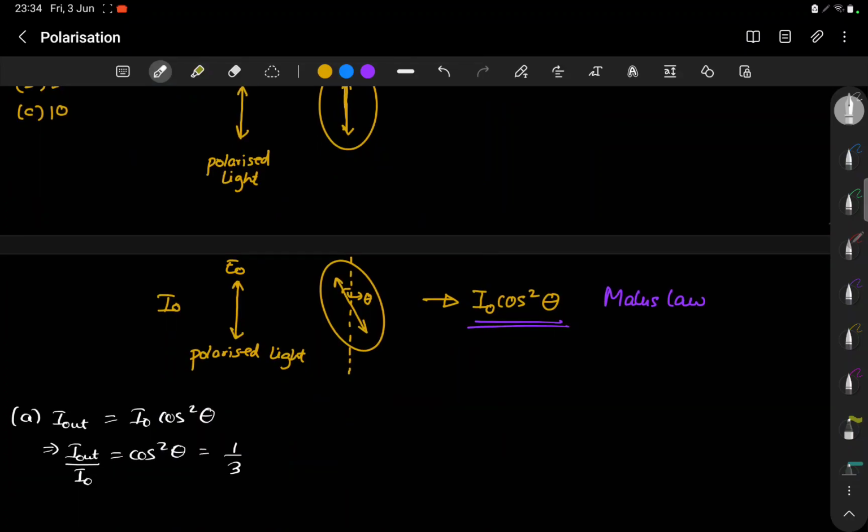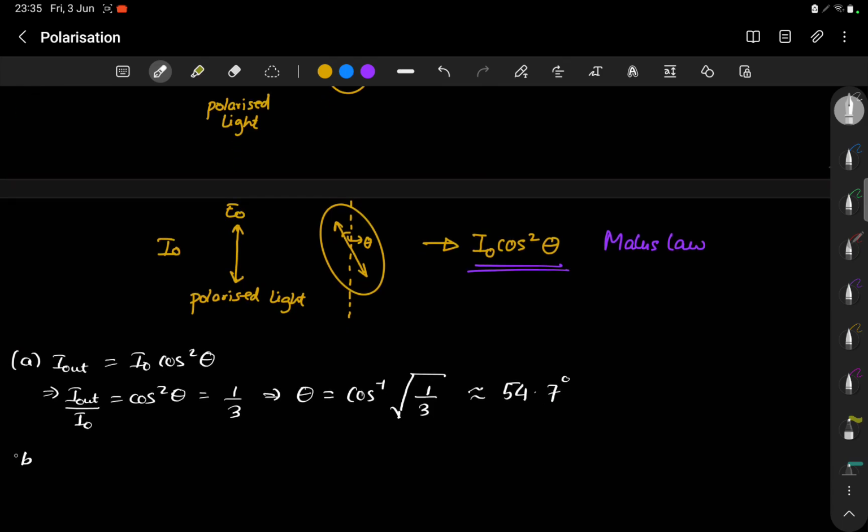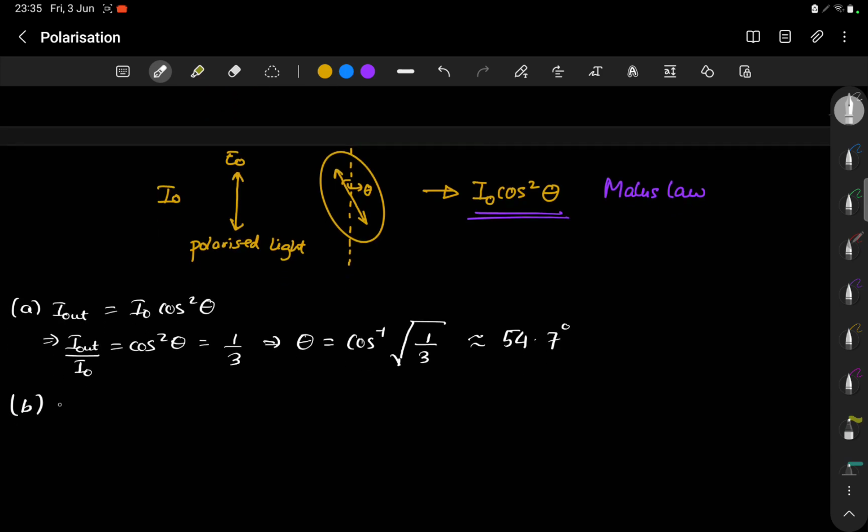So from this we find out theta is cos inverse square root of 1 over 3, which comes out to be roughly 54.7 degrees. Similarly, we will solve for the other parts. It is just different ratios of the intensities.